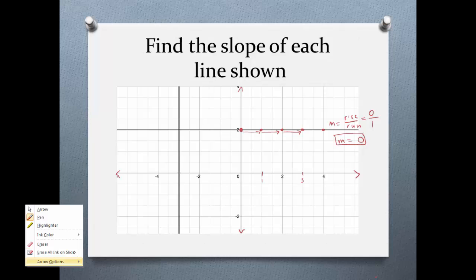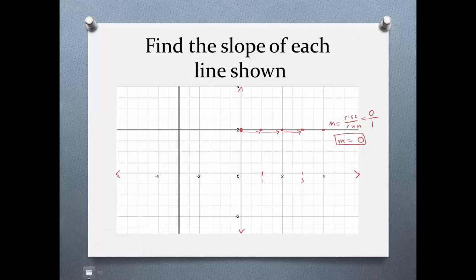But if you're looking at a vertical line, let me pick some of these points. If I'm moving between these points, my rise for a vertical line is 1 in each of these cases, but I'm not moving left to right, and so that means the run is 0.